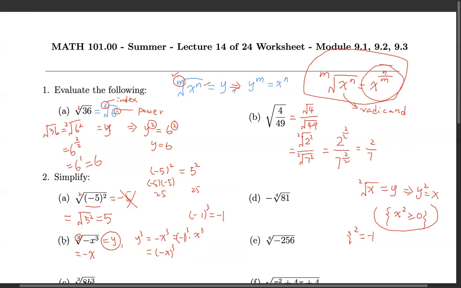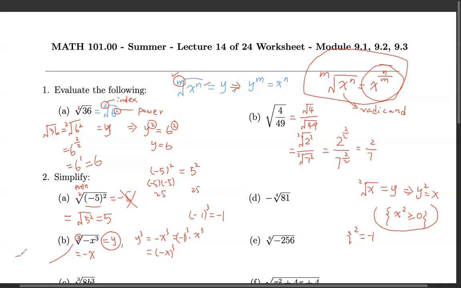Or you can think of it this way. Because this is odd, whenever the index is odd, we just carry on the sign. It's different from here. If this is 2 or any even index, we cannot have a negative inside the radical sign for real numbers.